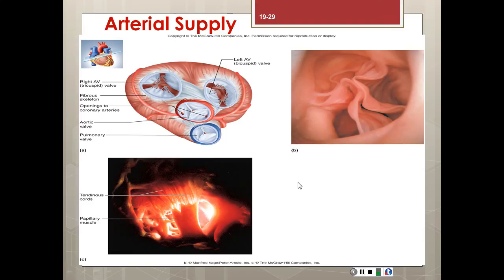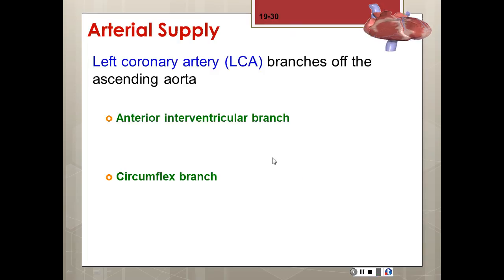Okay, let's move on to a little more information with this left coronary artery. So that's the one we were just looking at. That's going to branch off the coronary sulcus, and that's going to be under the left auricle, and divides into two branches. Now we have an anterior interventricular branch, and we have a circumflex branch.